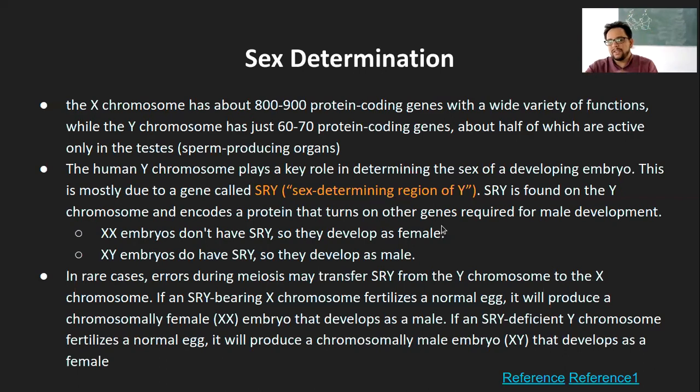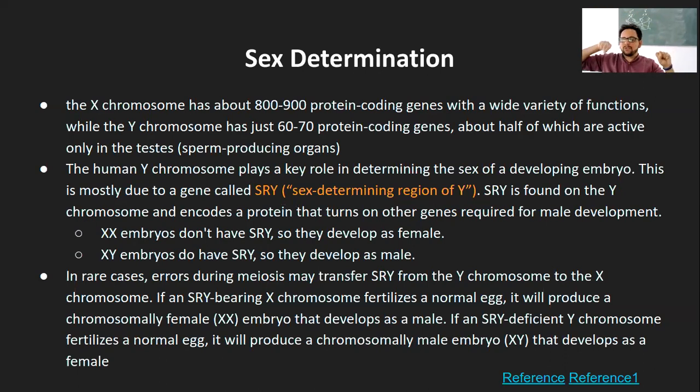Now in this crossing over, let's say from the Y chromosome, this SRY gene gets transferred to the X chromosome, right? So the Y chromosome loses this SRY gene, which is transferred to the X chromosome during crossing over in meiosis, and then the gametes are formed. So the gametes that we get are an X chromosome with SRY and a Y chromosome without the SRY gene.